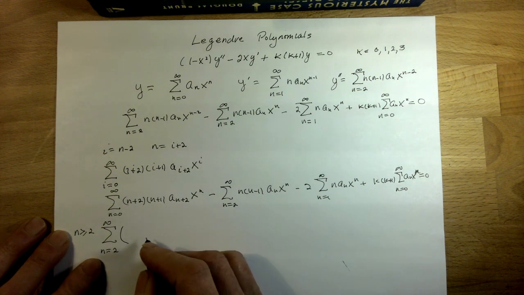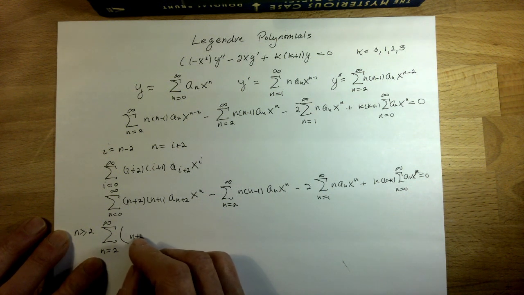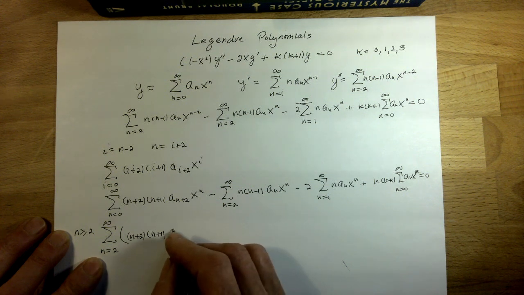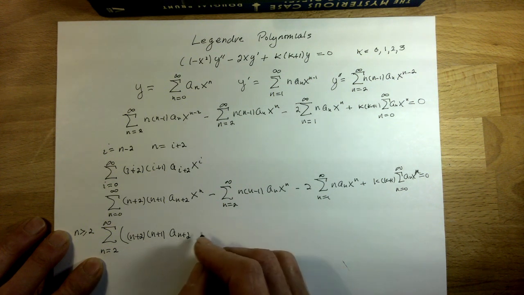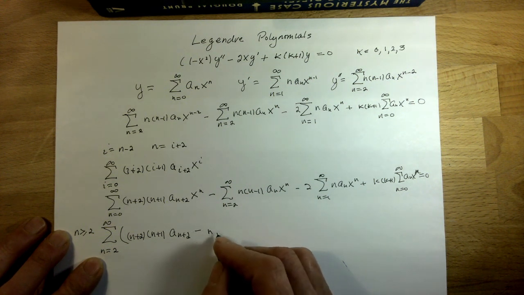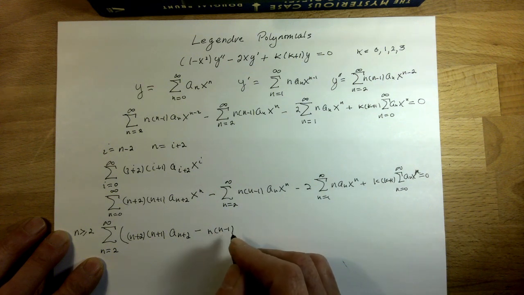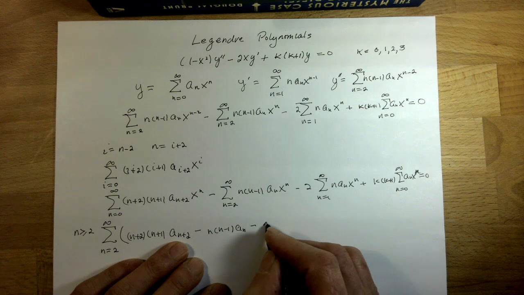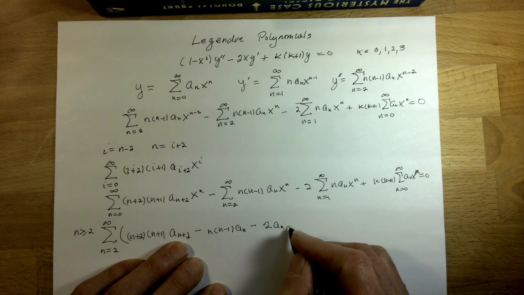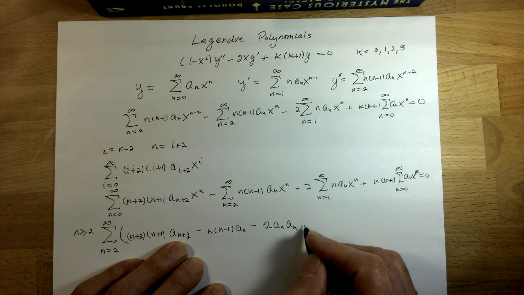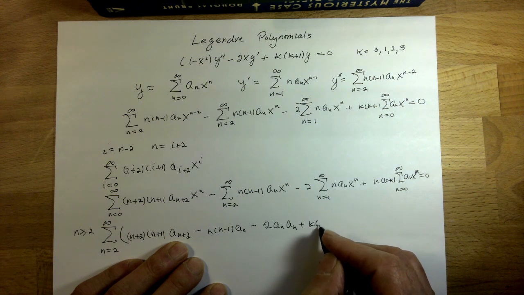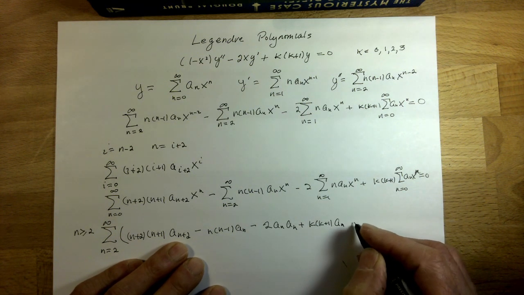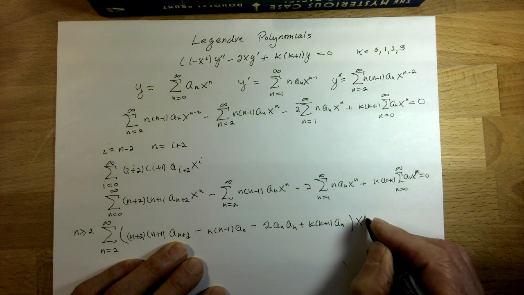And we're going to have n plus 2 times n plus 1, a to the n plus 2, minus n times n minus 1, a to the n, minus 2 a sub n, a to the n, plus k times k plus 1, a to the n, all times x to the n.